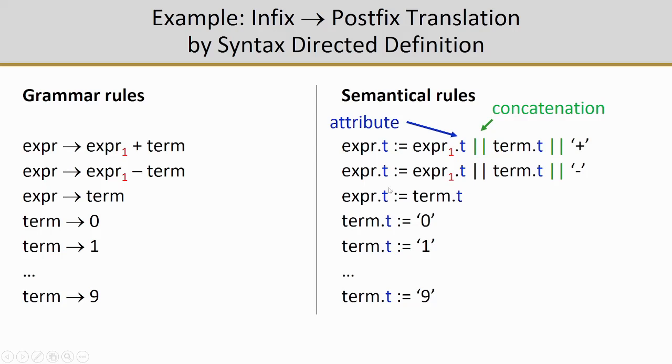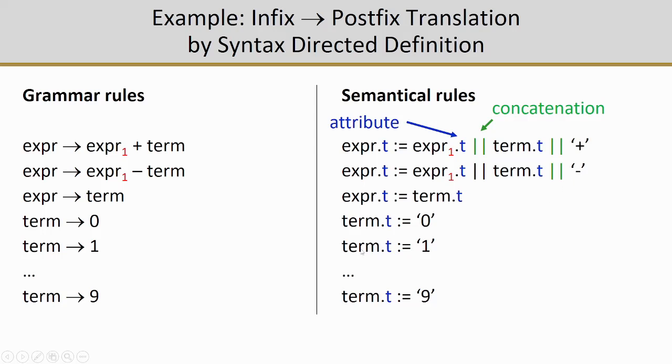So for example, if we have a grammar rule like an expression plus a term, then we place the string representing the expression in postfix form and concatenate the string representing the term in the postfix form, and finally we place the plus. And similarly for the minus, if we have an expression converted to a postfix form already, we concatenate the term in the postfix form, and finally we place the minus sign.